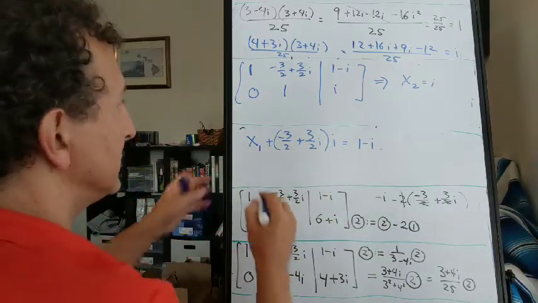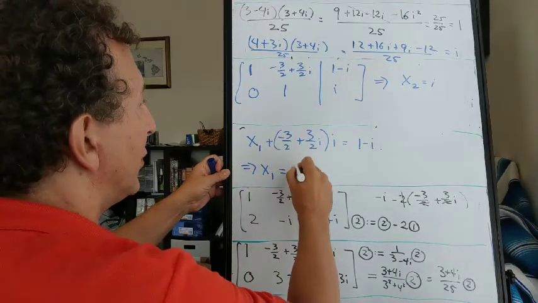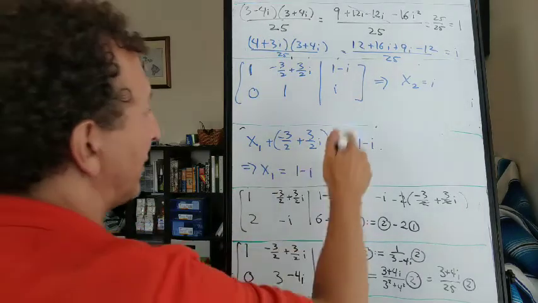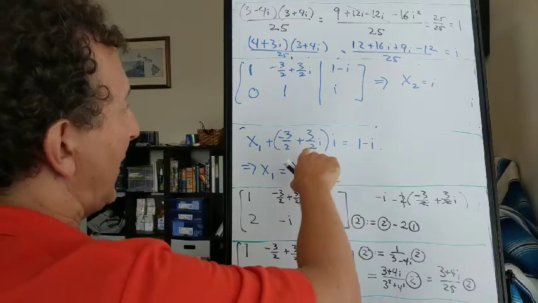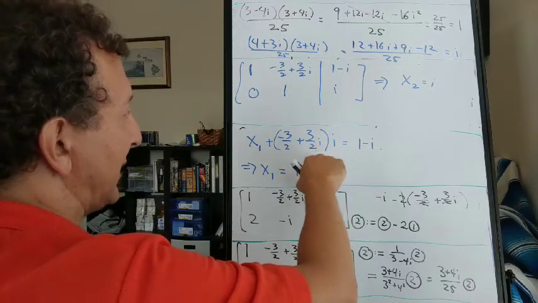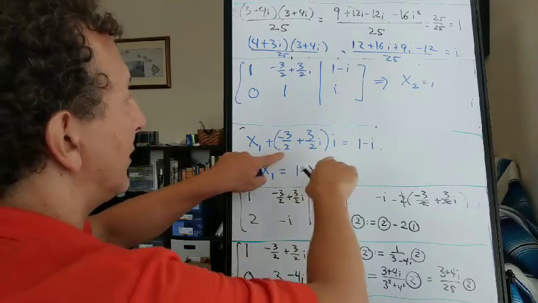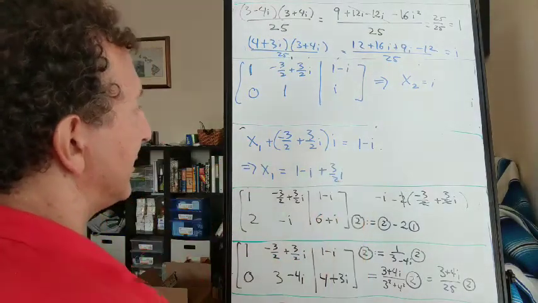So that means that x1 equals 1 minus i. We've got minus 3/2 on this side, so it becomes plus 3/2 on the other side. Minus 3/2 i became plus 3/2 i on the other side.